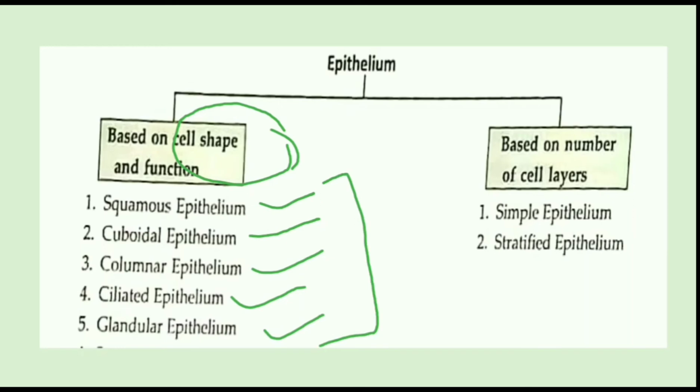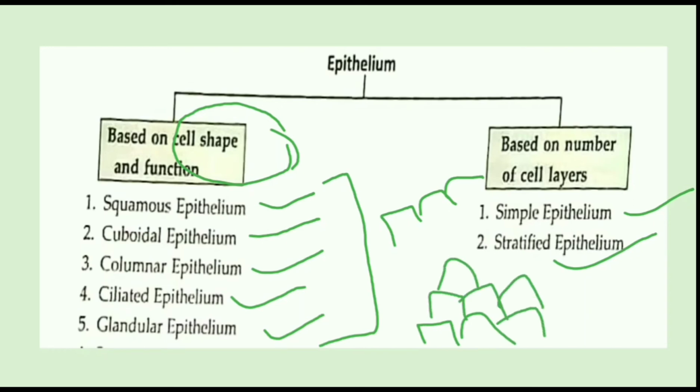Then, based on the number of layers, they may be simple epithelium, which contains only one layer of cells, or stratified. Stratified means a number of layers are present in one tissue. So these are different categories of epithelial tissues. We'll study them one by one.